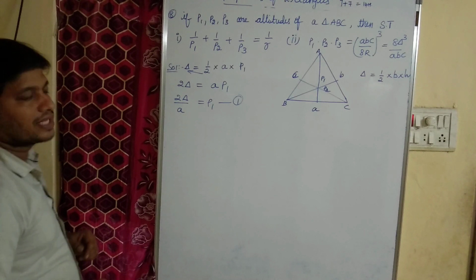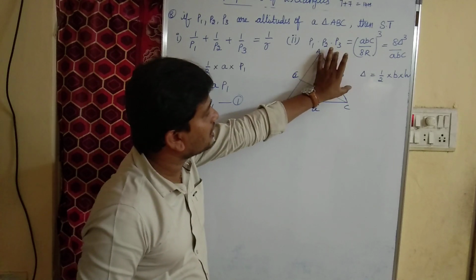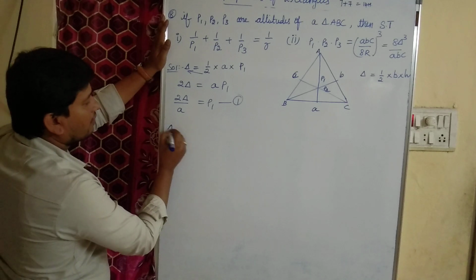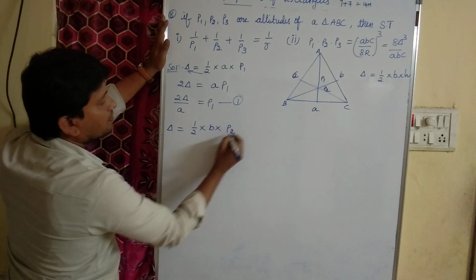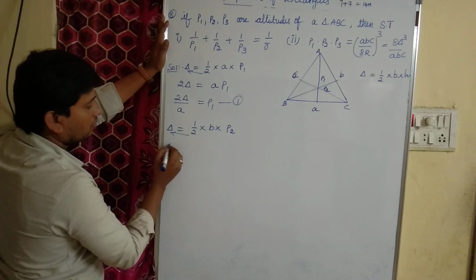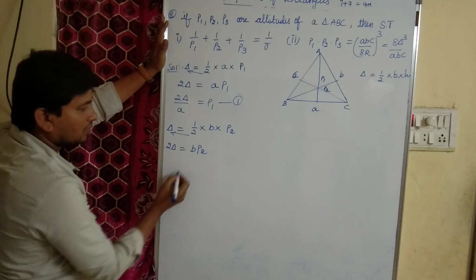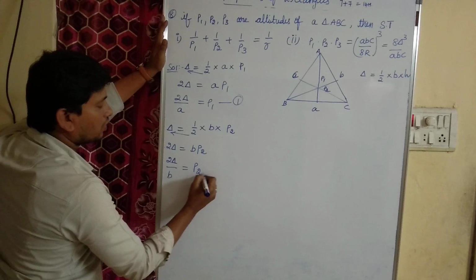Now coming to the second one, if you consider base as AC, then height will be P2. Again area of triangle delta equal to half into B into P2. 2 delta equal to B P2. B is multiplying, transpose this side, 2 delta by B equal to P2.